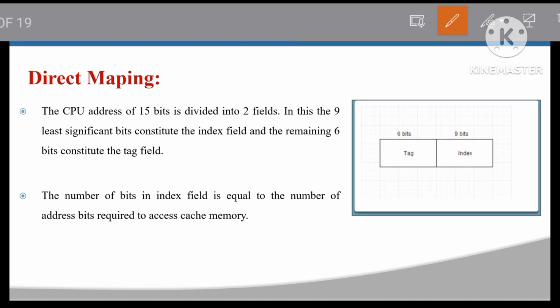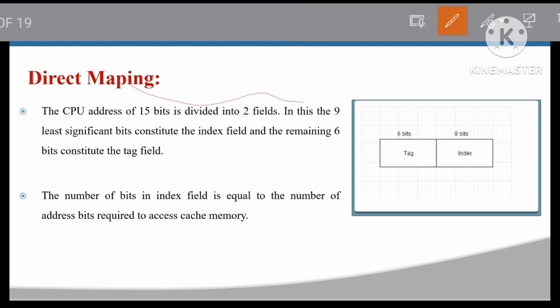Direct mapping means the CPU address of 15 bits is divided into two fields. The 9 least significant bits constitute the index, and the remaining 6 bits constitute the tag field. The number of bits in the index field is equal to the number of address bits required to access the cache memory.